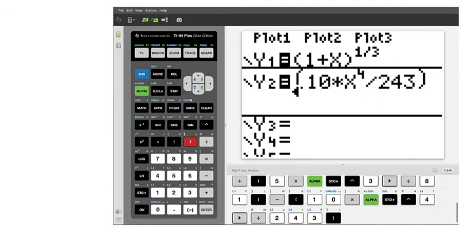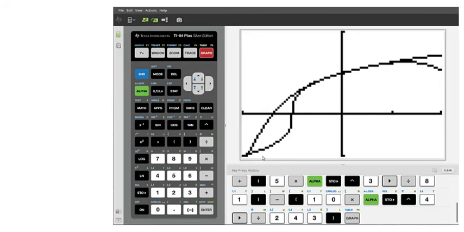When I've got both my equations in, I come up here to graph, and I've set my window already so that x goes just from -2 to +2, and y goes from -1 to +2. So this looks just like the picture in the textbook. And you can see between about -1, a little bit more, up to just past +1. This is a very good approximation of the function that we wanted.